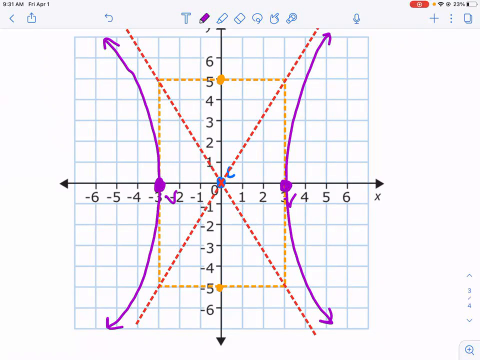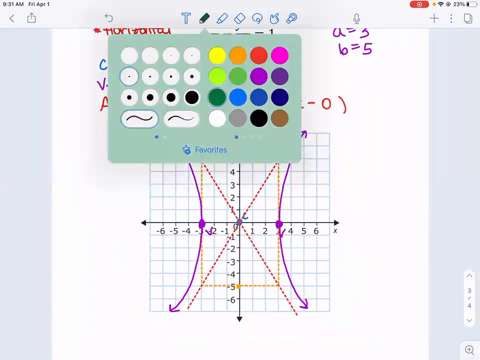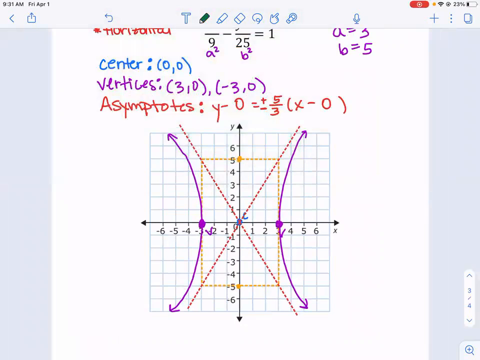Okay, we're missing something though. What haven't we done yet? We haven't done the foci. All right, so remember for a hyperbola, c squared is a squared plus b squared. Ew, what's 9 plus 25?